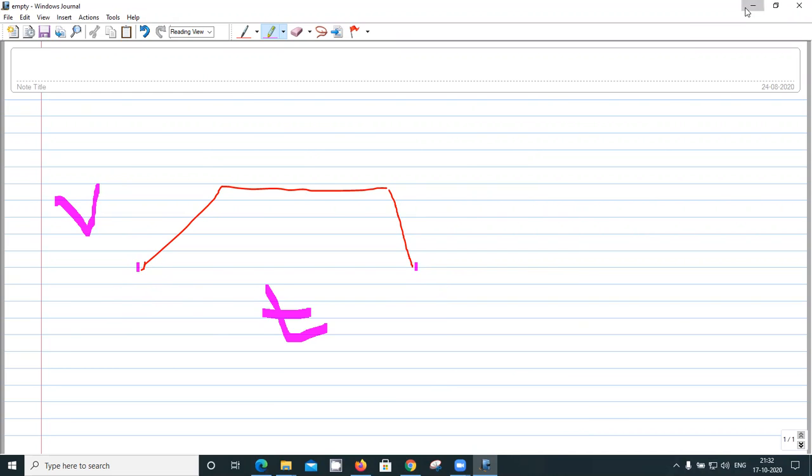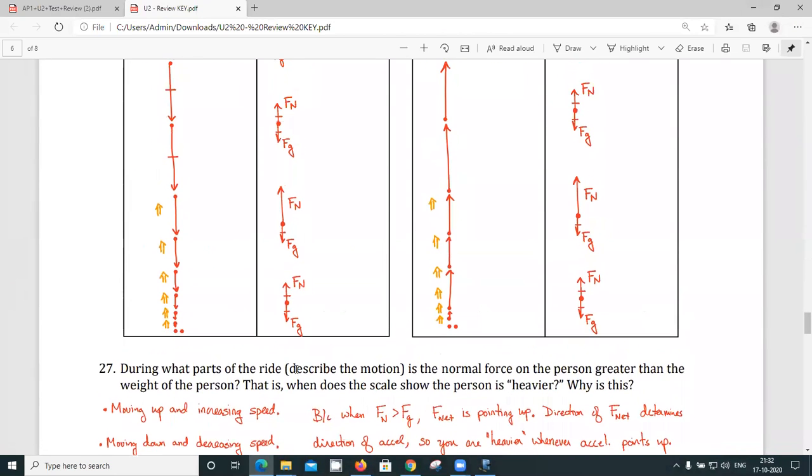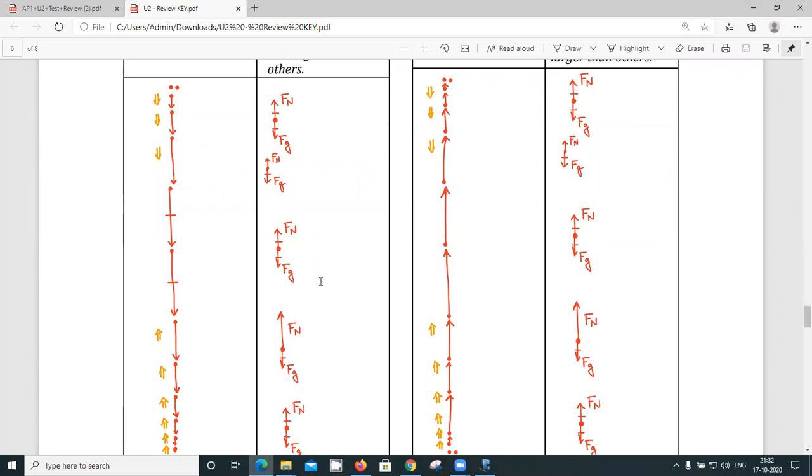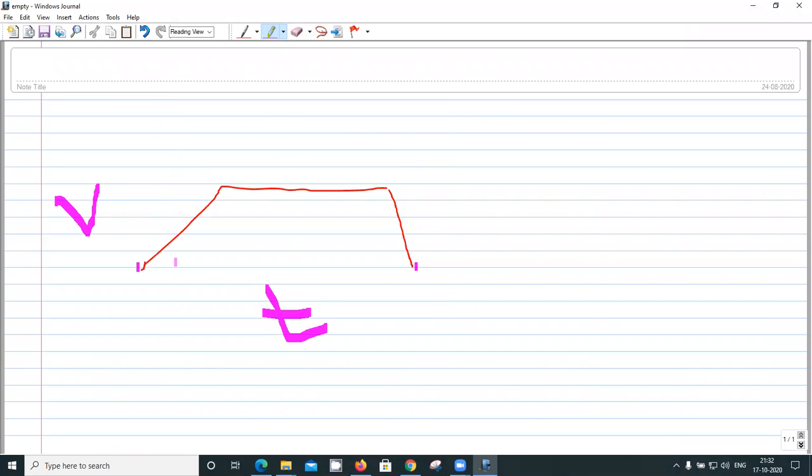To be precise, this is after stopping, and this is before starting. Not after you enter the straight line part, just before that and just after that. That is the correct, precise understanding.